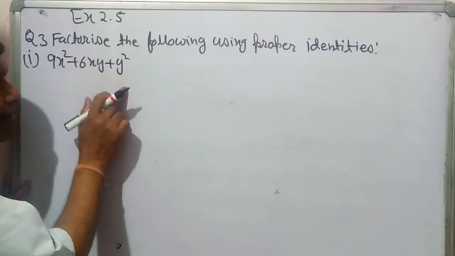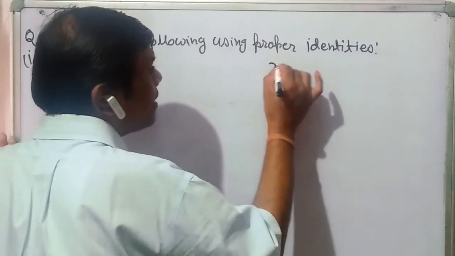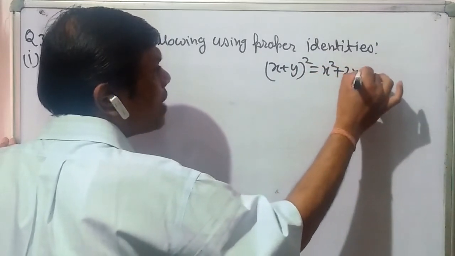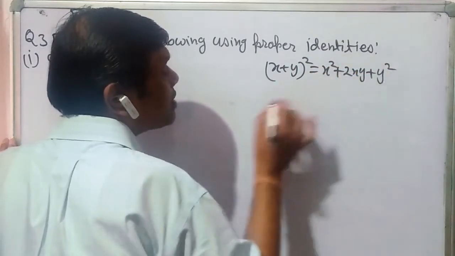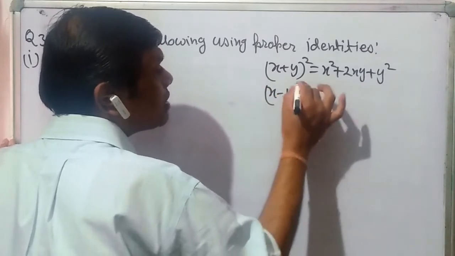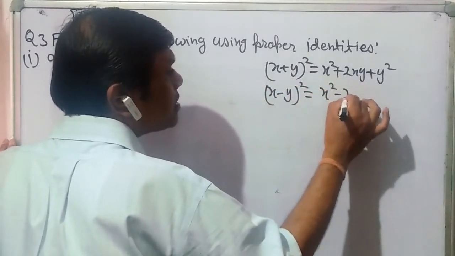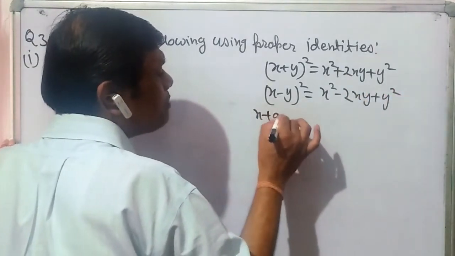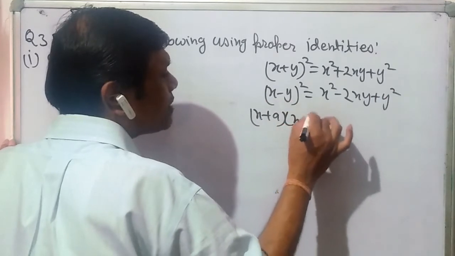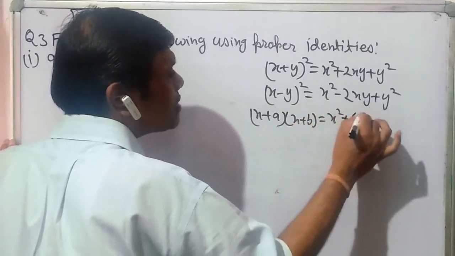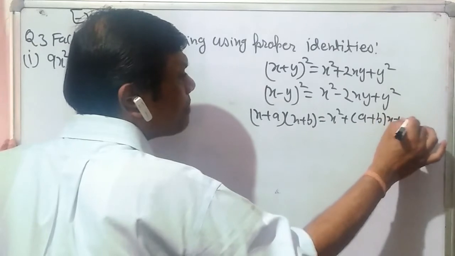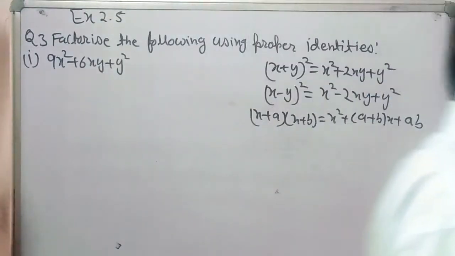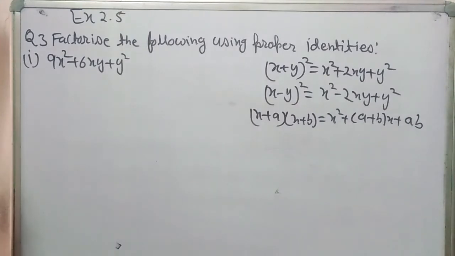So this can be factorized with either of the identities: (x plus y) whole square equals x square plus 2xy plus y square, or (x minus y) whole square equals x square minus 2xy plus y square, or (x plus a) multiplied by (x plus b) giving x square plus (a plus b) x plus ab. Only these 3 identities have 3 terms on the right hand side.